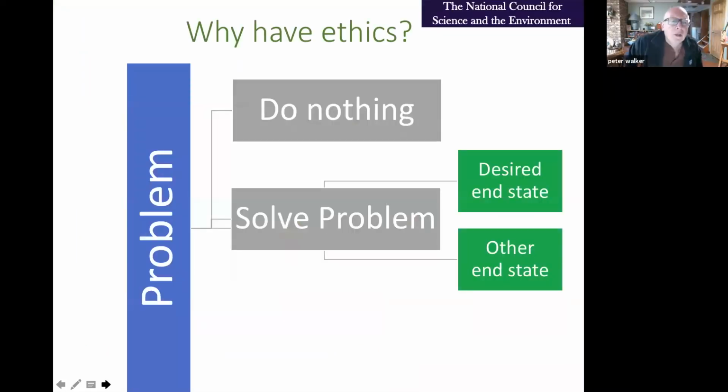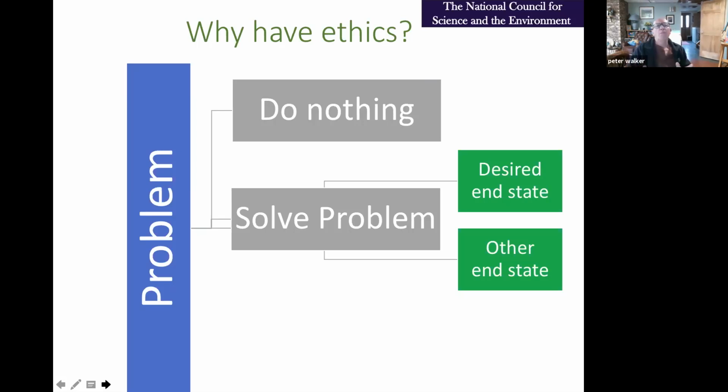Yeah, thanks, Rob. Actually, we often talk quite glibly about our students being change agents, or that we're essentially training them to be problem solvers. But it's a bit more complex than that. In our minds, normally when we think of a problem and solving it, we think there's the problem, we work out a solution, we apply the solution, the problem is solved.